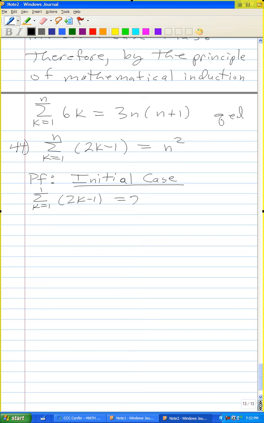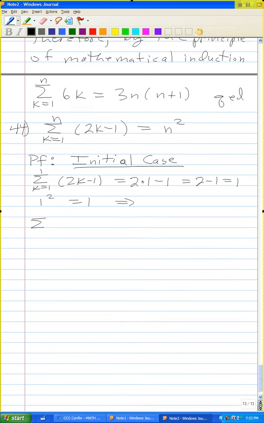Well, k is 1, so 2 times 1 minus 1. And I'm only adding one term, so that's it. 2 minus 1 is 1. When n is 1, 1 squared is, well, 1. So therefore, I've shown that the sum k equaling 1 to n of 2k minus 1 equals n squared when n equals 1. So that's the initial case.